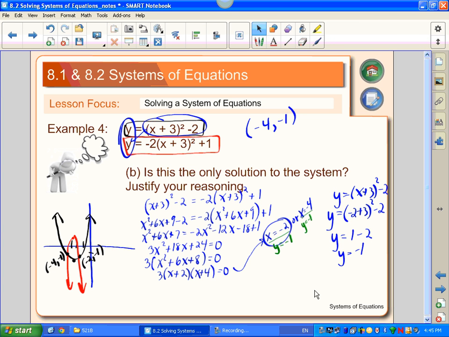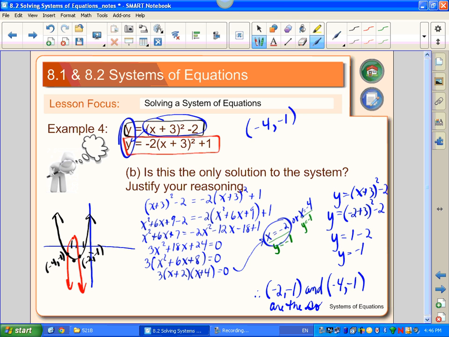So our two points of intersection, okay, therefore, (-2, -1) and (-4, -1) are the solutions. So I've shown you a couple of different ways. Let's go back. We showed you just by graphing a sketch.